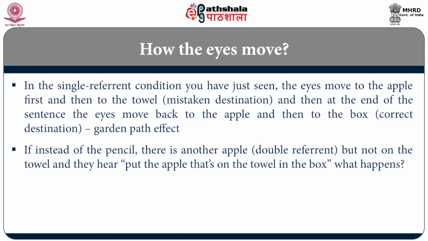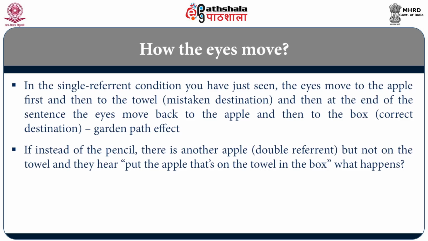Instead of having a single referent condition, suppose in place of the pencil in the picture that you have seen, you take out the pencil and put another apple, and that particular scene is called the double referent condition. Then if you hear a sentence like, put the apple that's on the towel in the box, there will be no ambiguity.